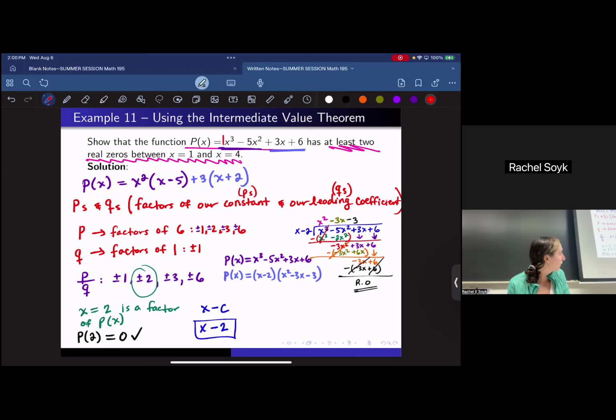So we know for a fact that 2 is a factor, that's one of the real zeros between x is equal to 1 and 4, right? Because 2 falls between 1 and 4 on a number line.